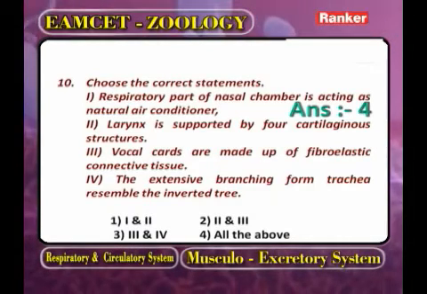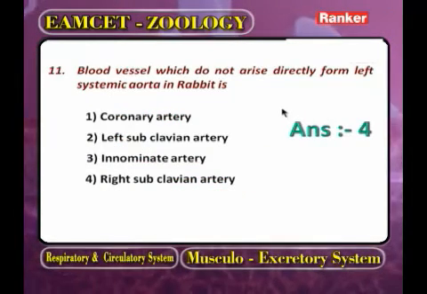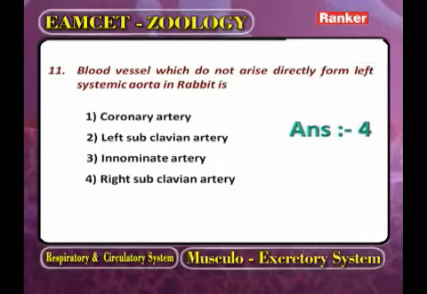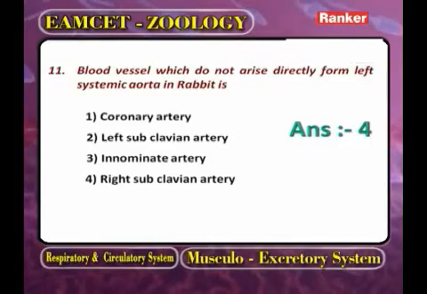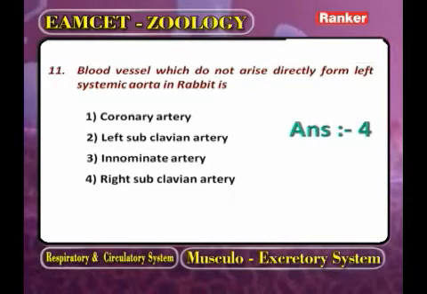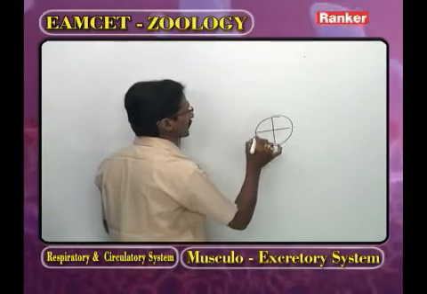The next question: blood vessels which do not arise directly from the left systemic arch. Now this is the 4-chambered heart.